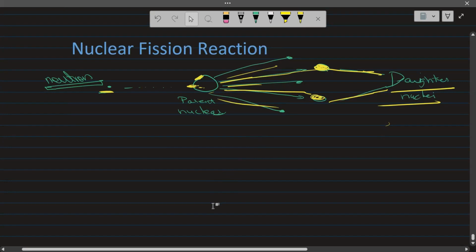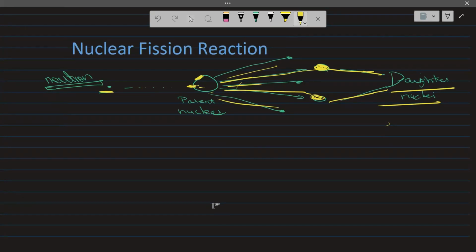For example, suppose this parent nucleus has a mass of 2.5. When it breaks up, suppose this daughter nucleus gets 1.2 and this one gets 1.19. When we add these two, the answer is not the same as 2.5, because some of the mass is converted into energy.